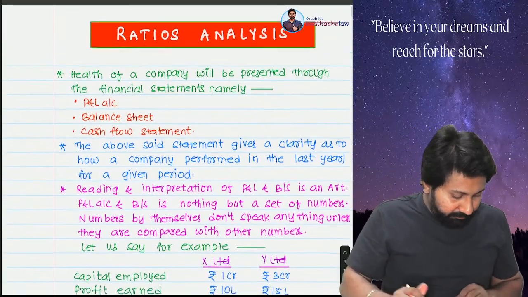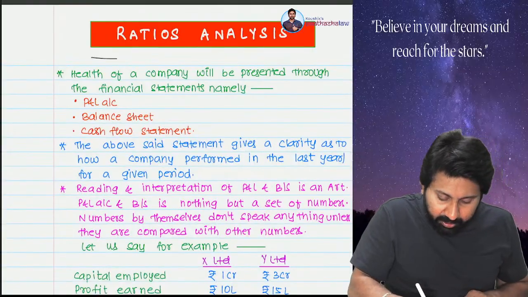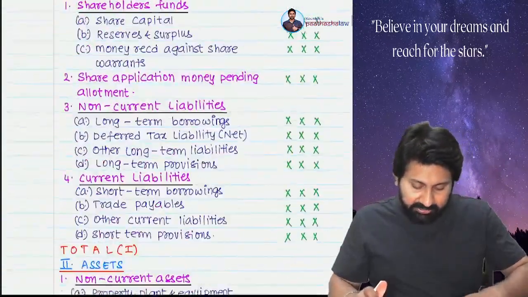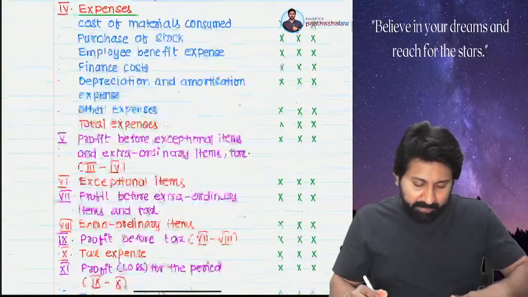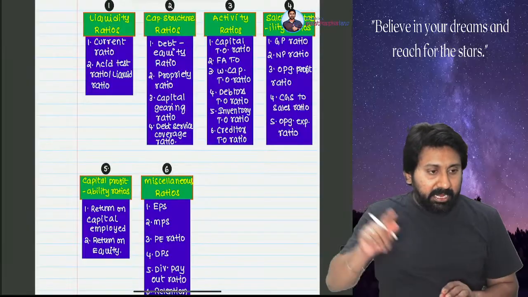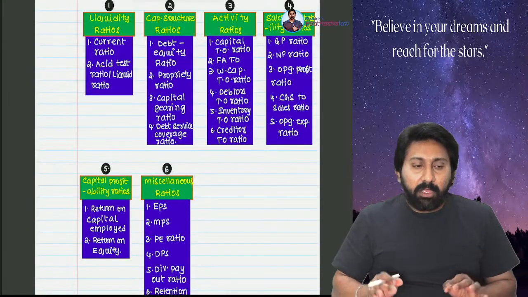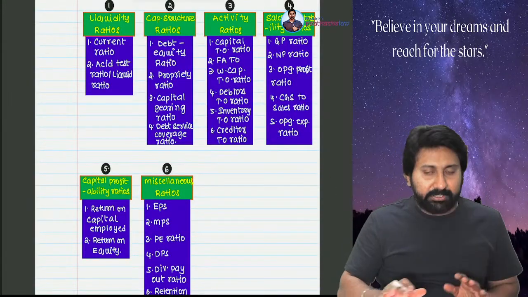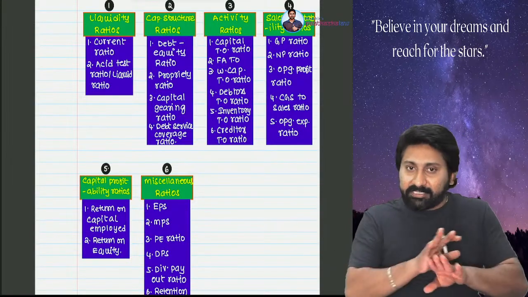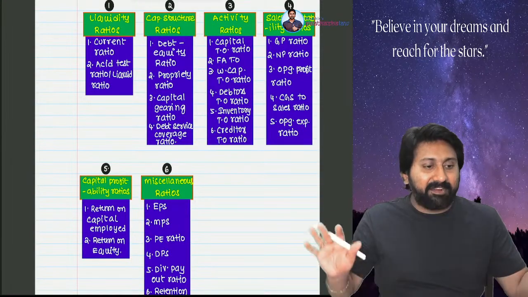Let us see what is the chapter, ratios analysis. In this, first point number 1, this particular table contains all the important ratios. So this is an ultra speed revision session. This is not regular, this is not fast track, this is not even exam oriented.